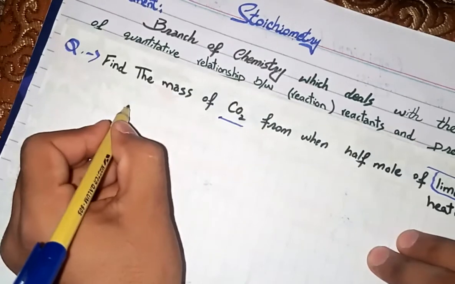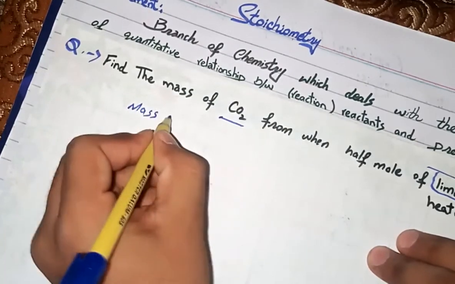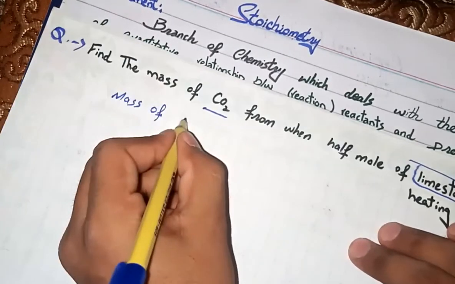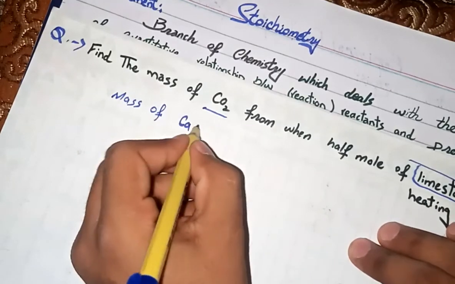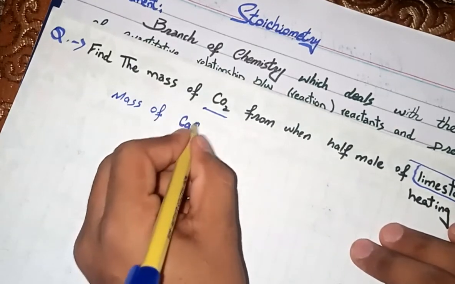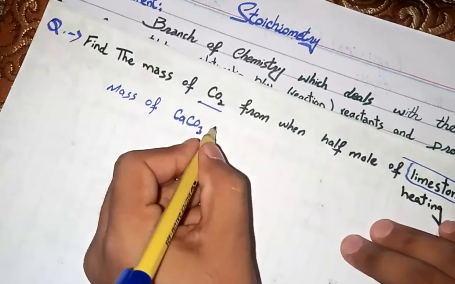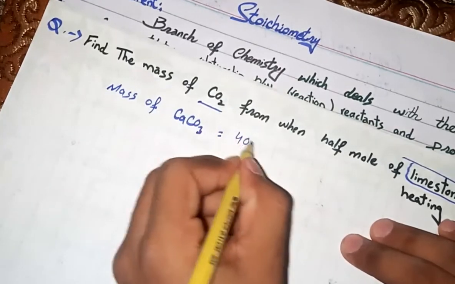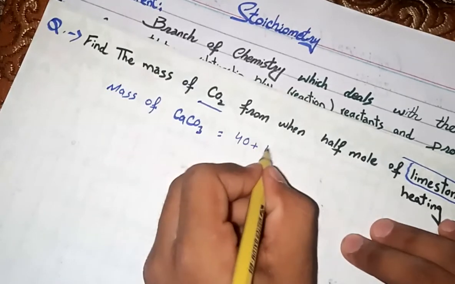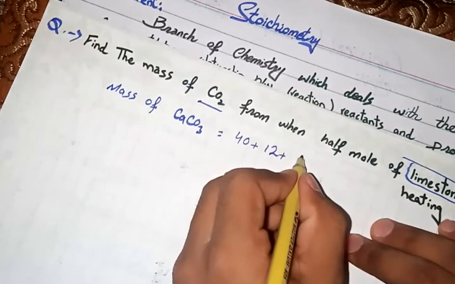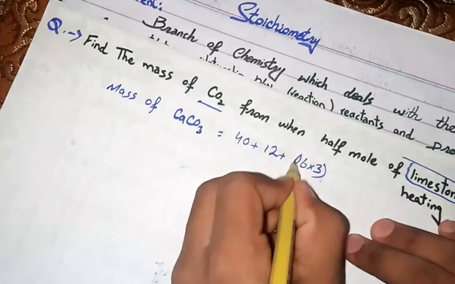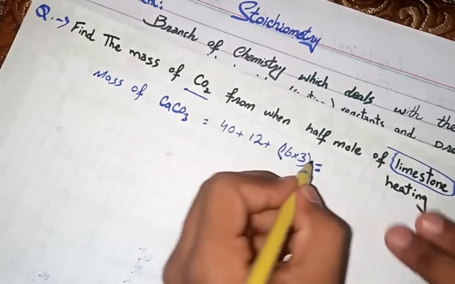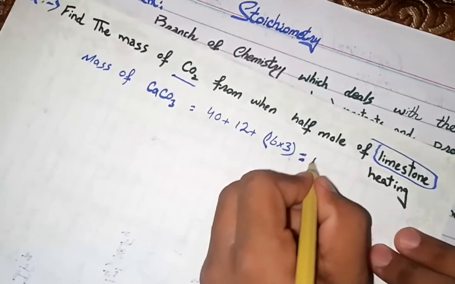Let's suppose the mass of limestone is equal to calcium 40 plus carbon 12 plus 16 multiplied by 3, which is equal to 100 gram.